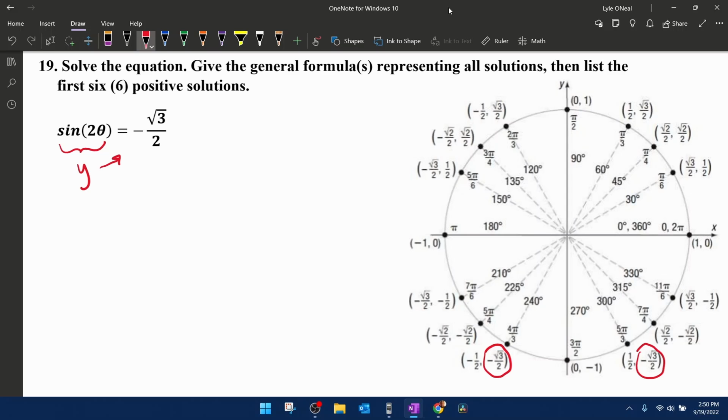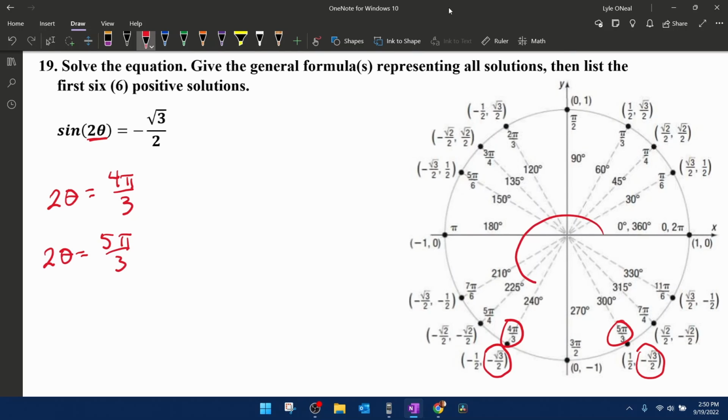But now remember, our angle is not just theta, our angle is 2 theta. So we're going to have to say this time 2 theta can be 4 pi over 3, or the answer could be 5 pi over 3. Okay, but not just that.